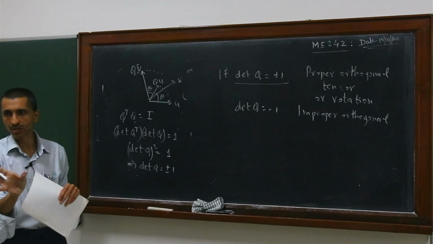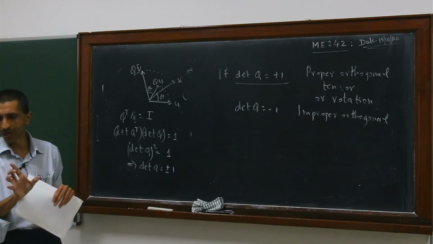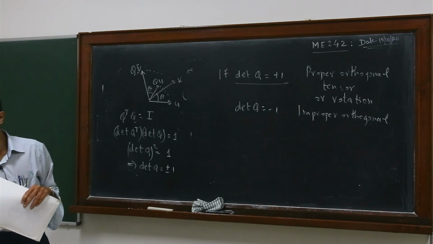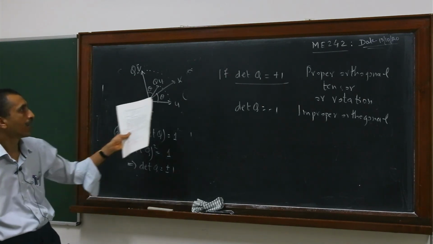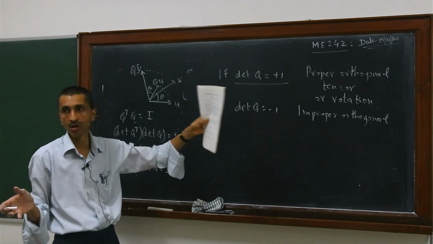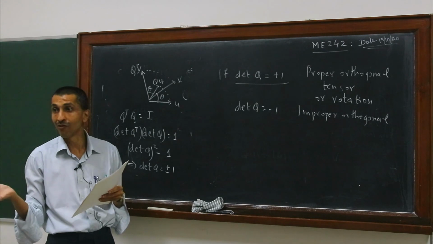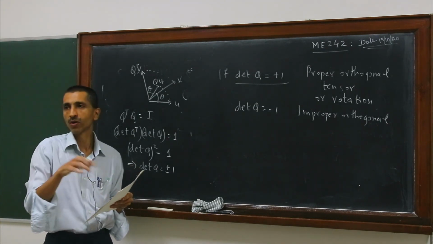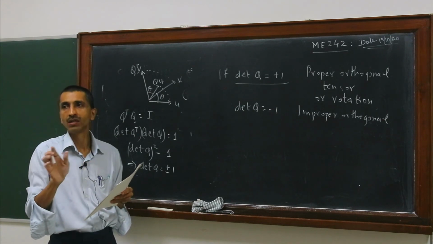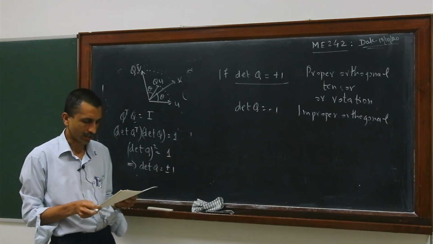So if it's a right-handed orthogonal system embedded in the rigid body, as the rigid body moves, the orientation of that remains the same. That means your determinant of Q will be plus 1 in that particular case. If you have a reflection, so for example, your y-axis flips to the minus y-axis, then that would result in an improper orthogonal tensor here, right?